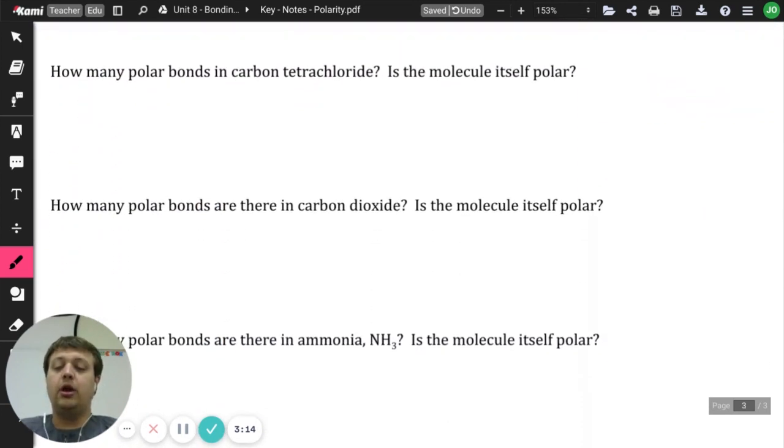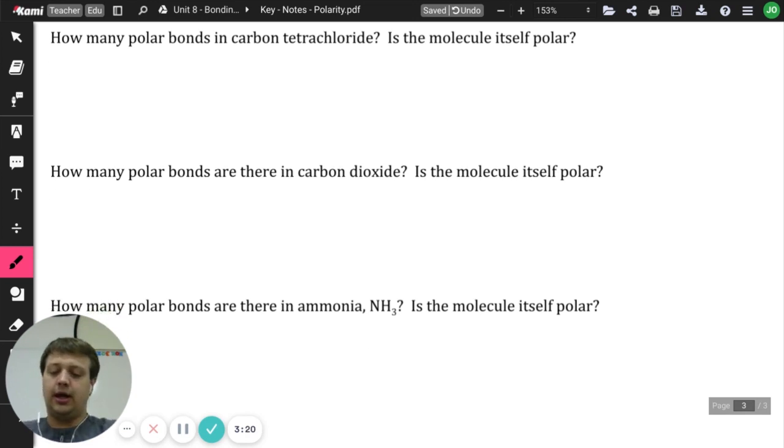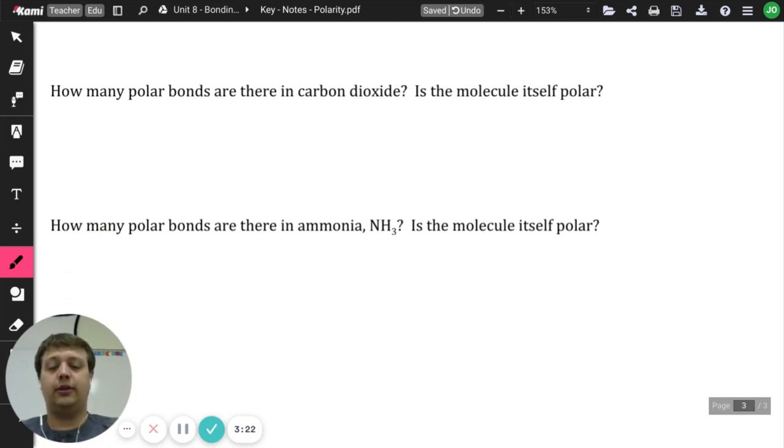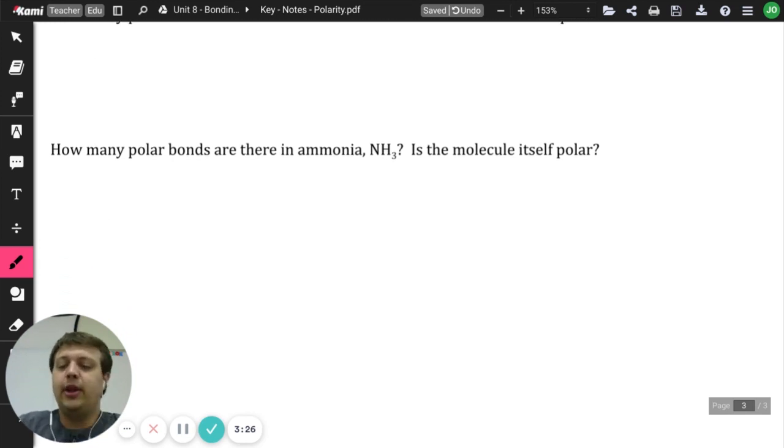Okay, so we're going to go ahead and move on to the next page. And I'm going to do this ammonia down here at the bottom. I'm going to leave those other 2 for you to do as practice. So I have ammonia. Ammonia is NH3. So ammonia, normally when we would draw its Lewis structure, would look like this. But remember, we've got a lone pair there.